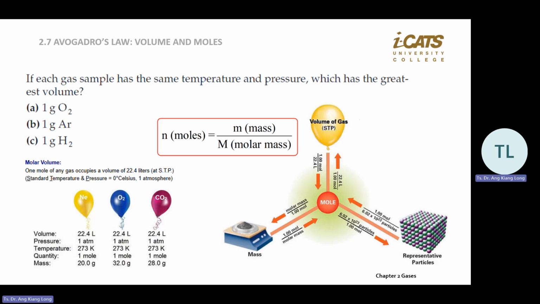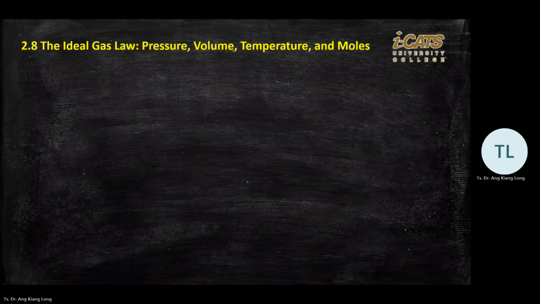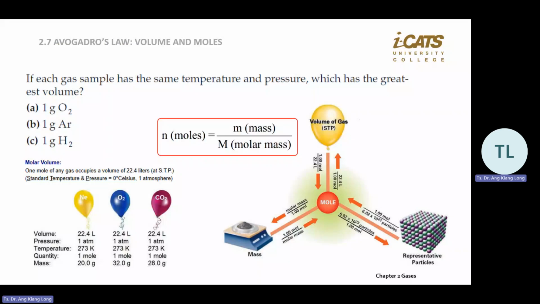We'll come into this maybe in chapter 3 or a later section. So far, just accept that if you want to find the volume at standard temperature and pressure, 1 mole gives you 22.4 liters.